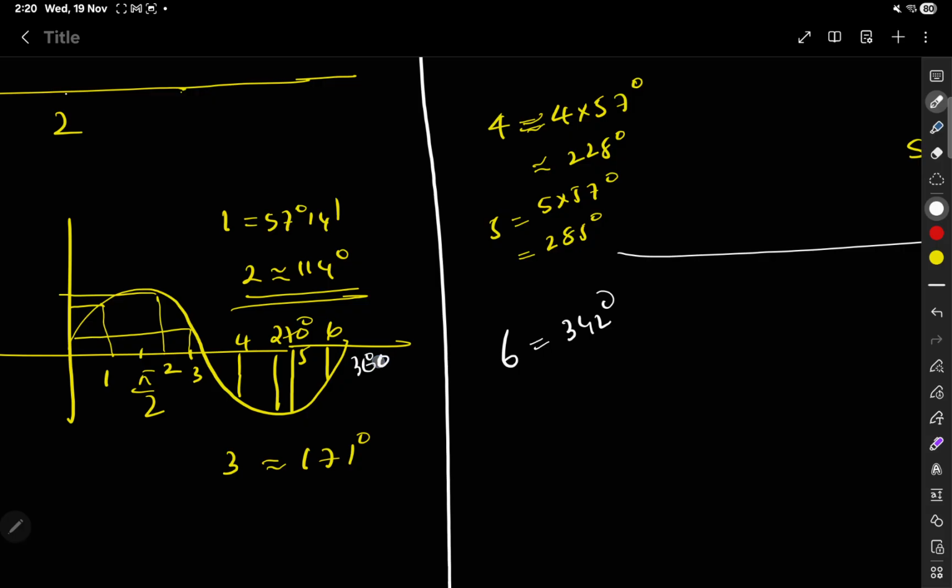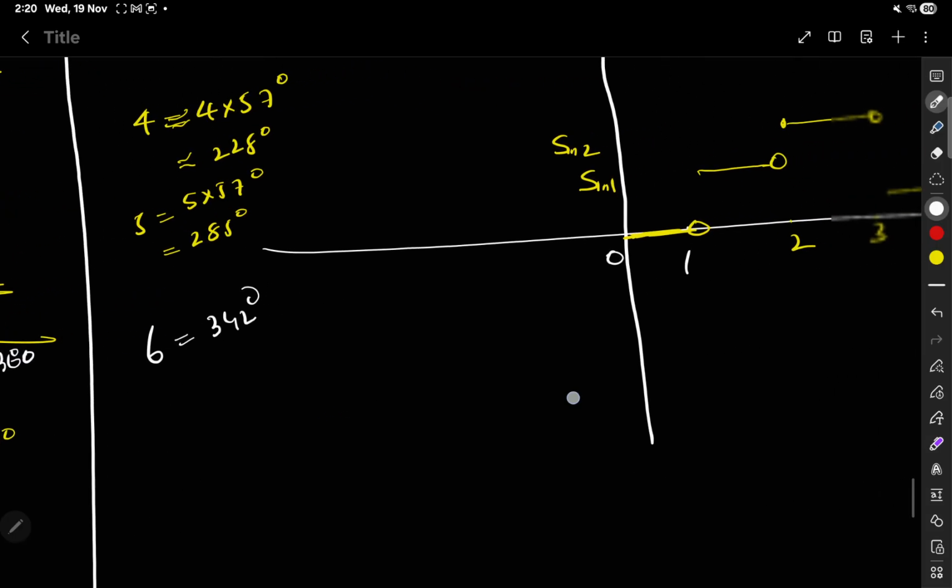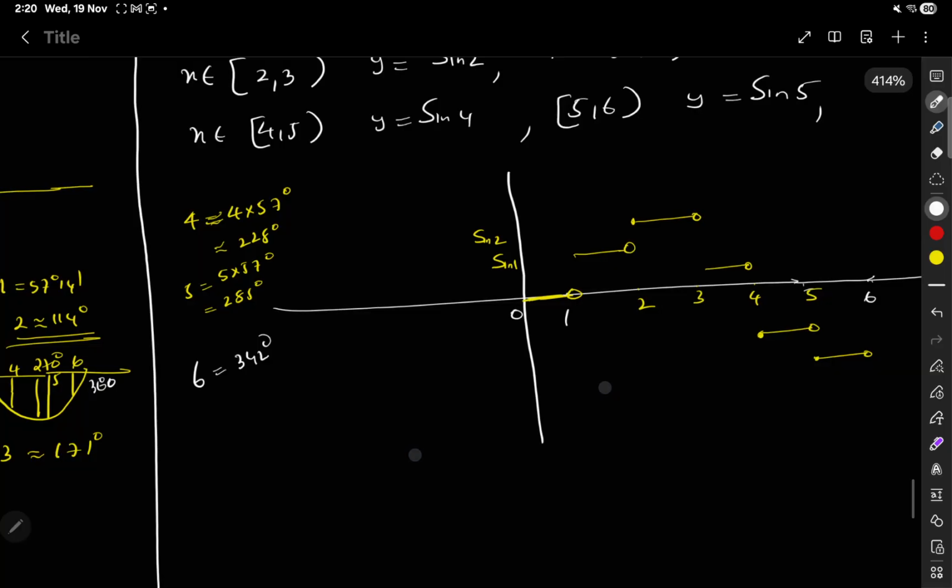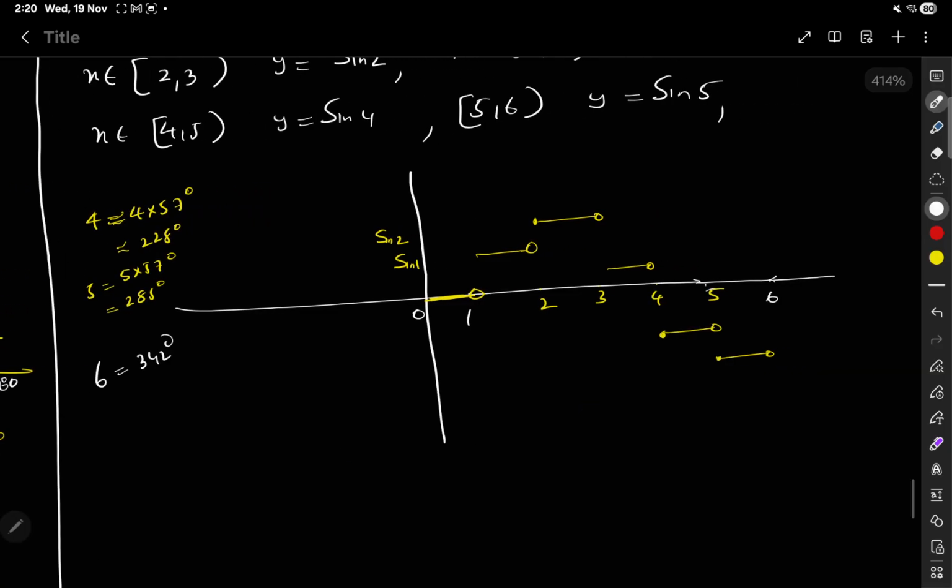Closer to 360. So sine 6 is smaller than this. So like that it will come. Sine 6 is numerically smaller, but actually it is larger than both of them. So 7, like that.